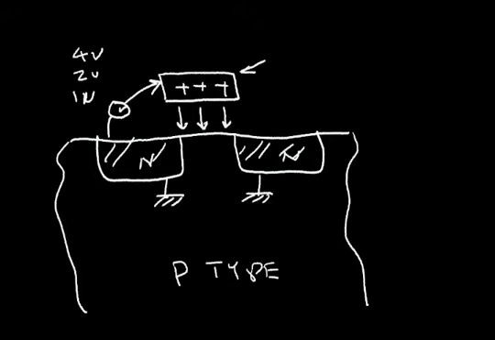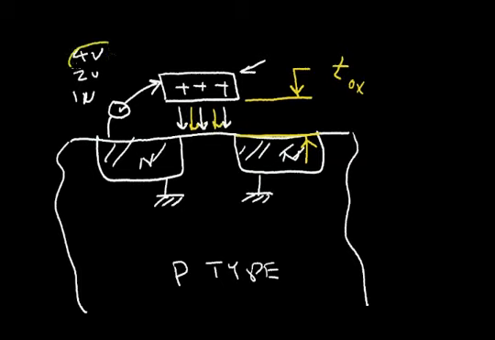And this electric field has an effect on the region below the gate. Now, the thinner I can make this insulating material, this dimension that I'll call T-ox for the thickness of this oxide layer, the thinner or the smaller T-ox, the greater this electric field.